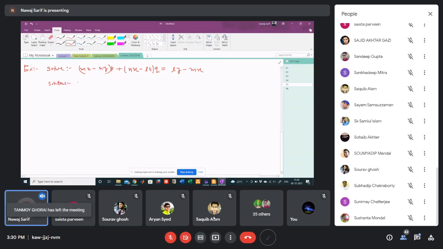To find this solution, first of all write down the auxiliary equations.